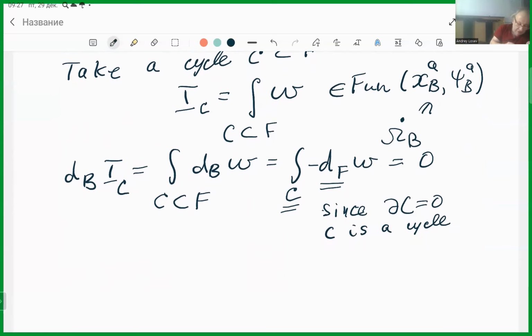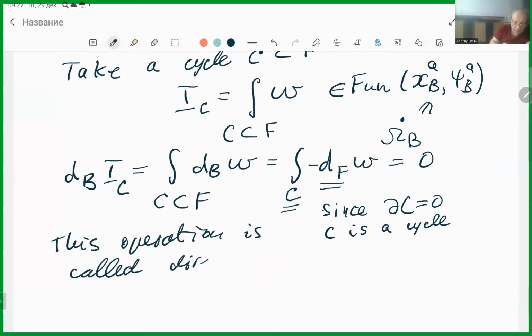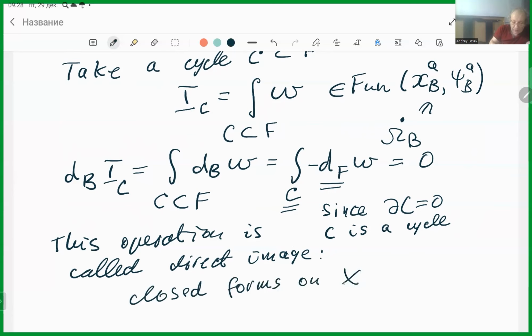And this operation is called direct image. It takes closed forms on X to closed forms on the base.